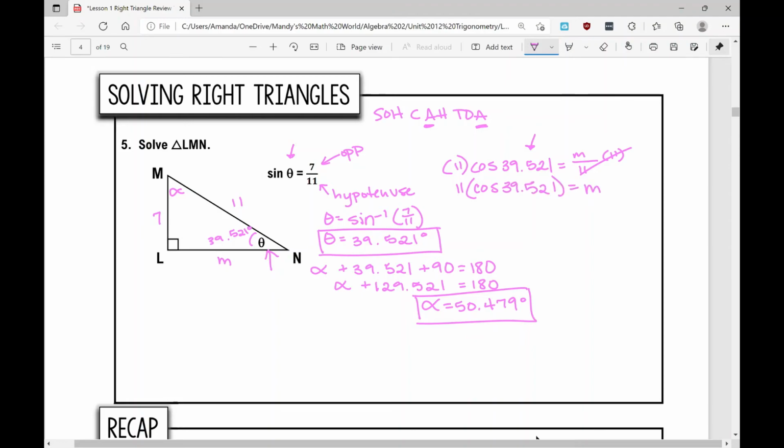And when I pause the video and use my calculator to find that, I get 8.485. 8.485 is the length of that side. And so now we've solved this triangle because we found the length of the missing side and we found both angle measures.